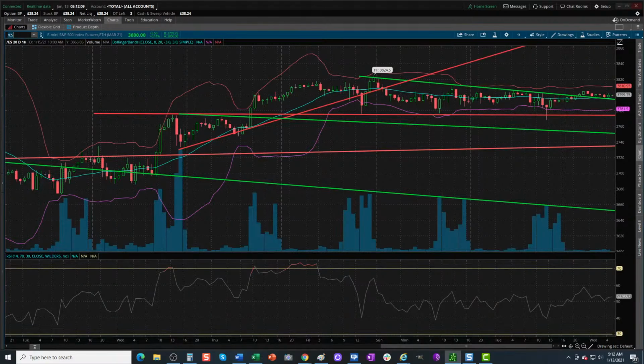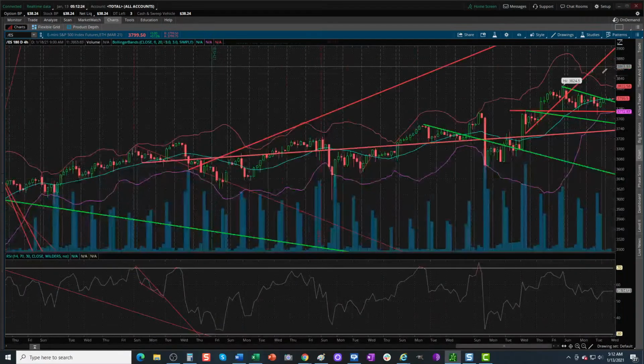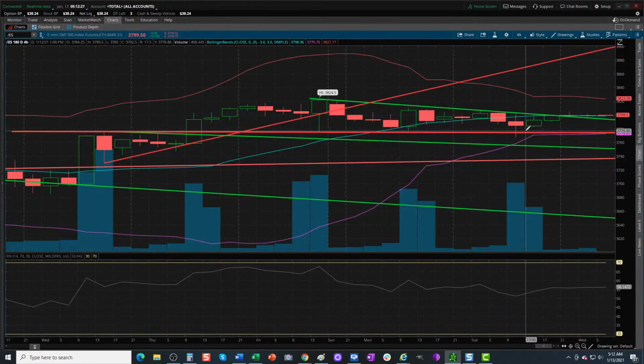E-minis are looking good here. I mean, we're flat for all intents and purposes, but they're looking pretty good. We have a breakout here. This is only a 1 hour chart, but we are consolidating. Let's go to a 4 hour chart. Yeah, we're consolidating a breakout here. It looks as though we're going to head higher.